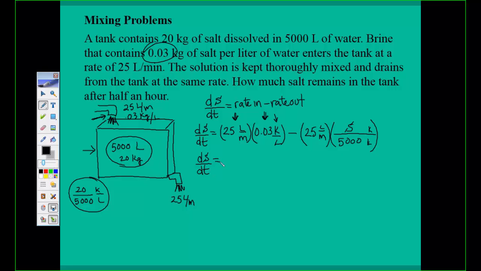Now if we have 25 times our 0.03, that would be 0.75, and the units here would be kilograms per minute, minus, and then we have our 25 times S all over 5,000.